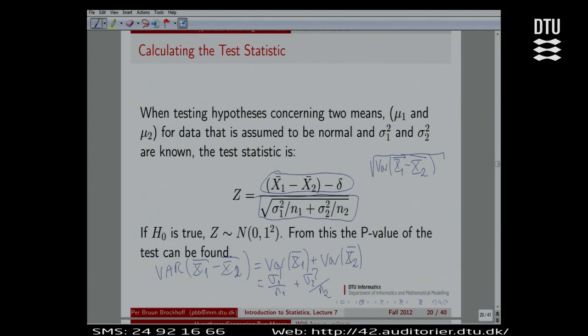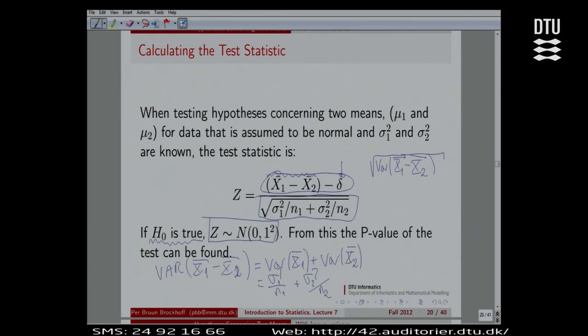Then the theory tells me, now, this is where the theory is nice. The theory tells me that if the hypothesis is true, meaning that the average of these 2 really is the same as delta, that means that on average it's 0 on the top, then the test statistic follows a standard normal distribution.